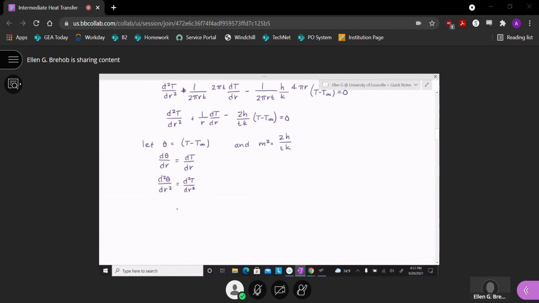So now my equation looks like d squared theta dr squared plus 1 over r d theta dr minus m squared theta equals 0. And all this work was done because we got this into a classical ordinary differential equation, and it's called a modified Bessel equation.